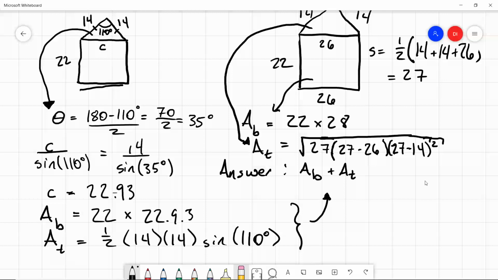S is the semi-perimeter, so this isn't the area. This is something that we use to get the area. This is still in units of feet, so it's not technically an area. Does that make sense?